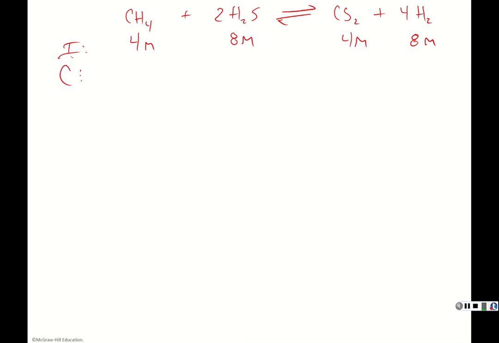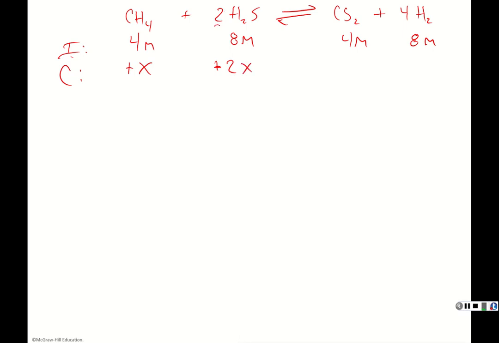So our change is just going to be, since this is going towards the left now, the compounds on the left are technically going to be our products. We're going to be gaining more of them at equilibrium compared to what we start with. So we're going to get a plus X for the change of methane and a plus 2X for H2S.